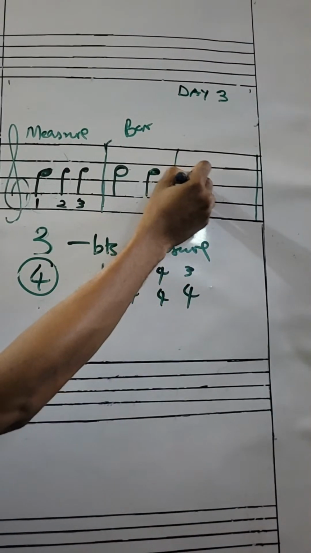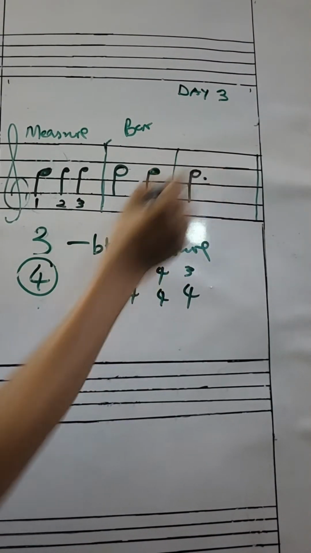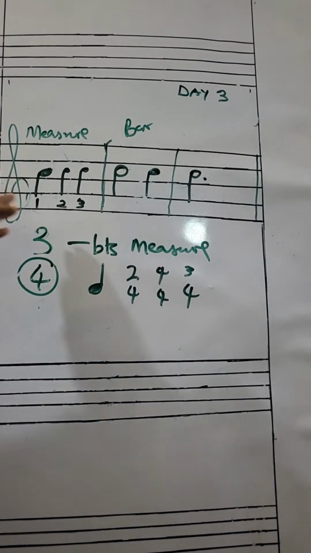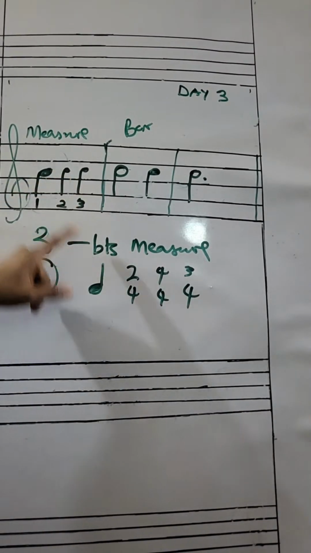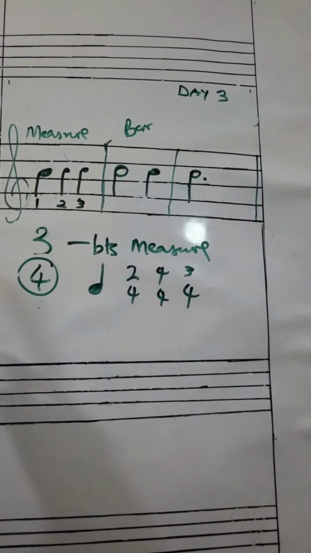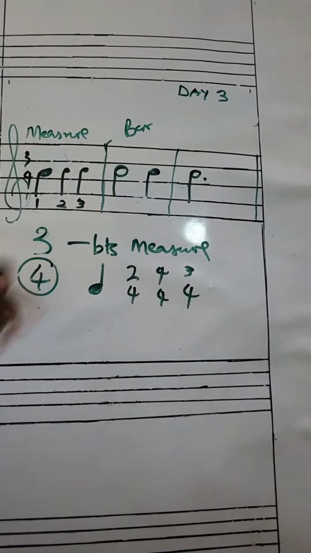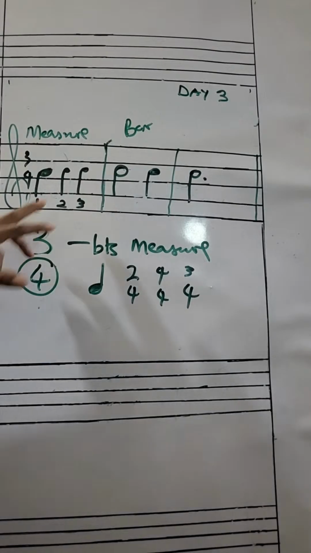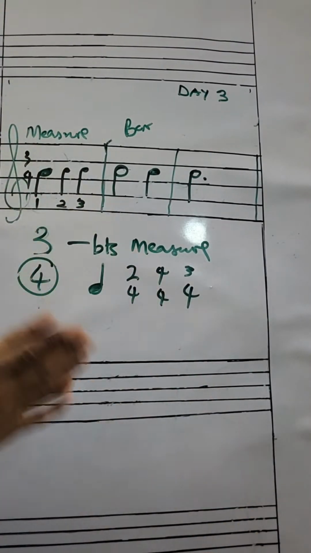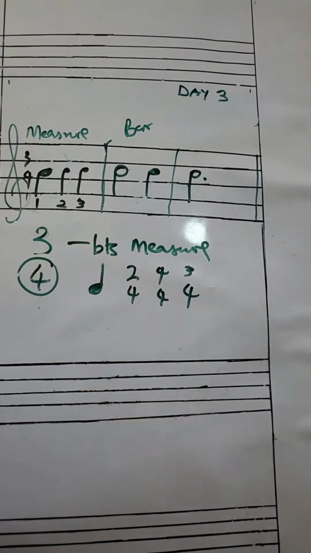In each bar, what we have is 3 beats in each measure, because it has been laid down here that there are 3 beats in each measure. So you may see 1, 2, 3. 1, 2, 3. 1, 2, 3.